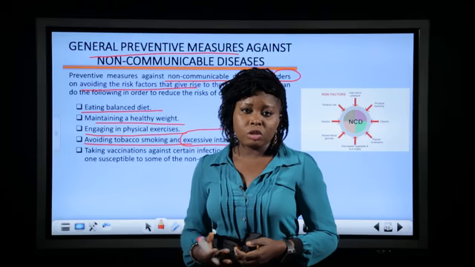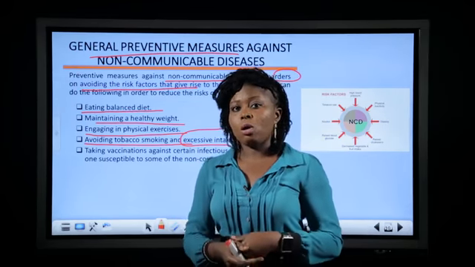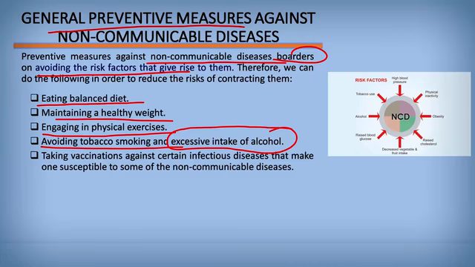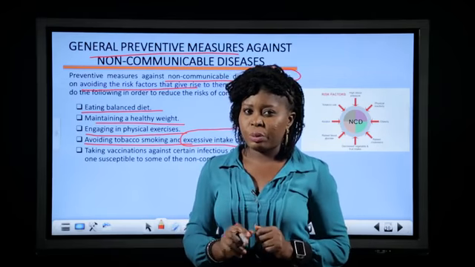There will be that pressure to try out some of these things like taking alcohol or smoking. But from what we have learned here, we've seen that these things increase our risk of developing some diseases. Tobacco smoking and intake of alcohol is something that we must not even start in the first place.